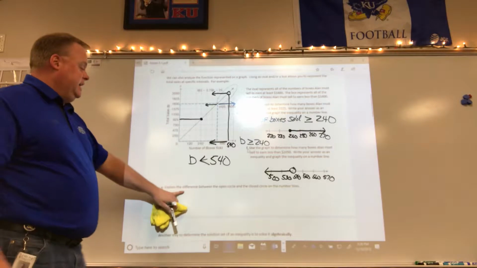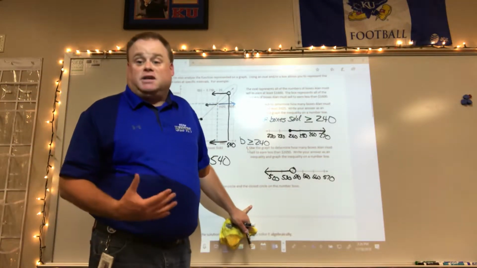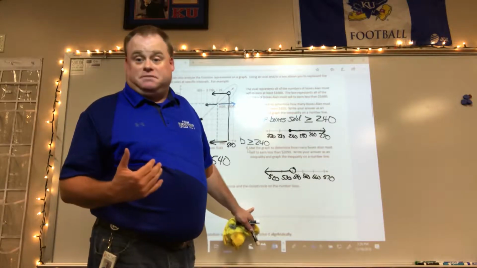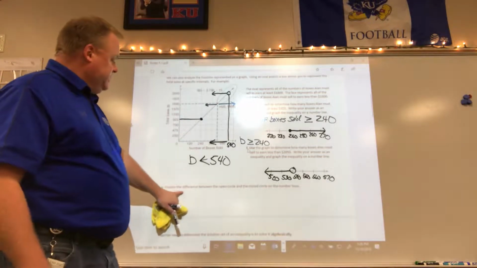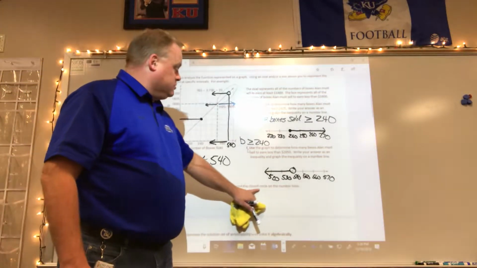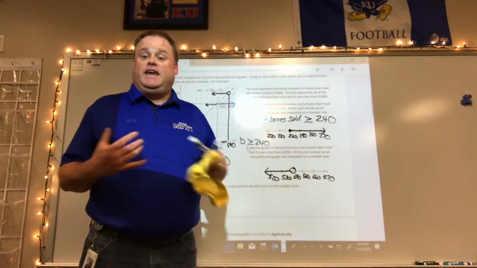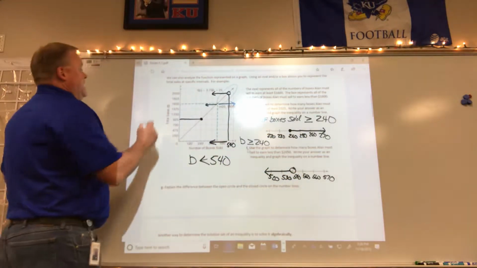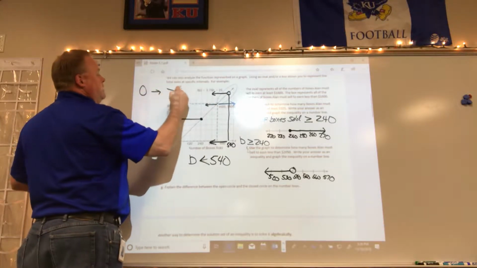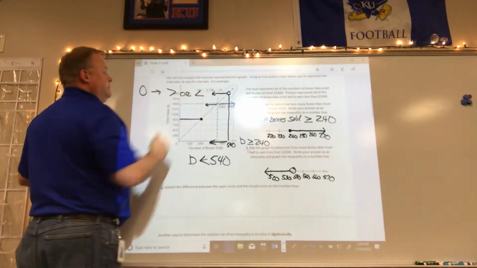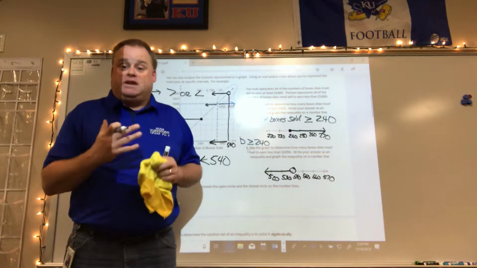So I'm going to look at letter G right now for you. Remember, if I get going too fast, just pause it. Letter G says, explain the difference between the open circle and the closed circle on the number line. Notice, I used a closed circle there and an open circle there. An open circle is just with greater than or less than, because it's up to that value but not including it.